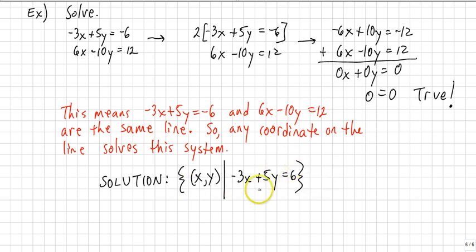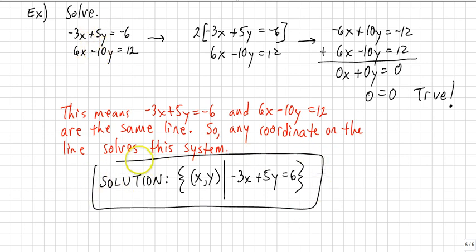That's fancy speak that basically says any coordinate x comma y that solves this equation would be a solution to this system. So this is how we would write our solution set in a case like this, where if you graph both those equations, you get the exact same line. And you know that's going to happen if while you're solving it, all the variables disappear and you're left with a true statement.